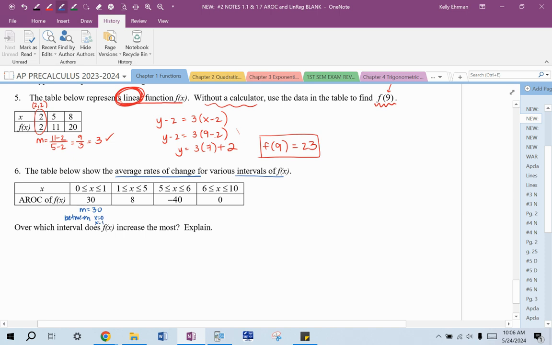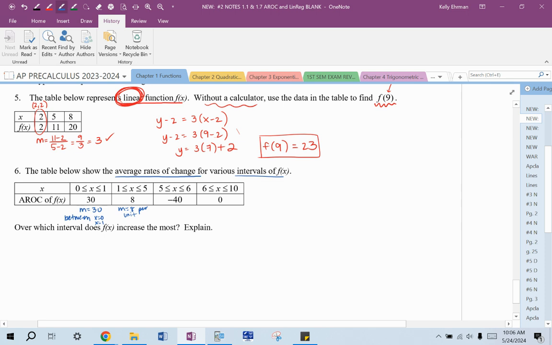It doesn't mean it's like 30 per unit from that span. So here, the slope is 8 per unit across these 4 units, right?